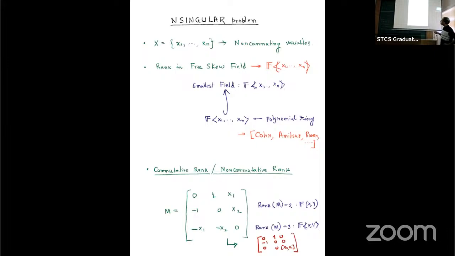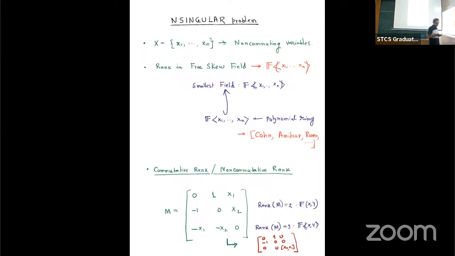But if you think of these variables as non-commutative, you can prove that the non-commutative rank of this matrix is 3. Basically, using elementary operations, you can convert this matrix into the following shape, where x2x1 is the commutator. So if it is commutative, this entry will be 0, then you have a rank 2 matrix. Otherwise, it will be full rank, so rank 3. So there could be a difference between commutative rank and non-commutative rank.